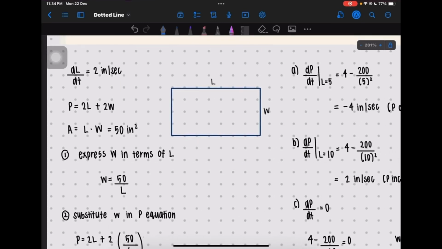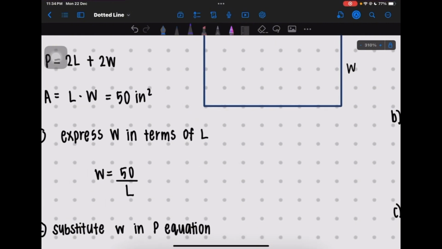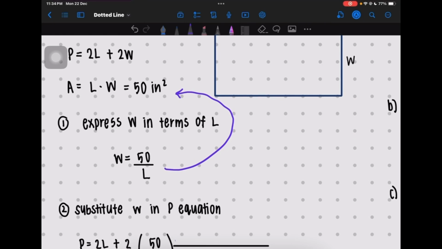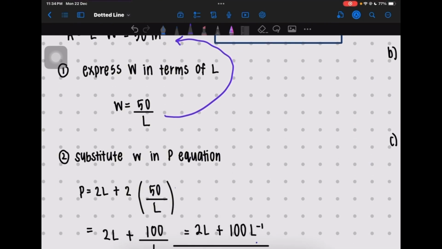First, we have to express W in terms of L. From this equation, we can make W the subject, so W = 50/L.